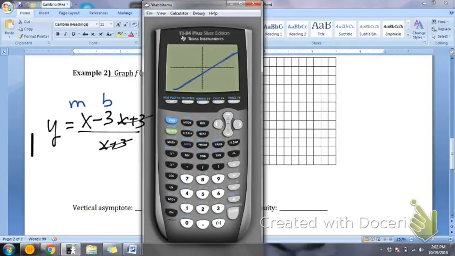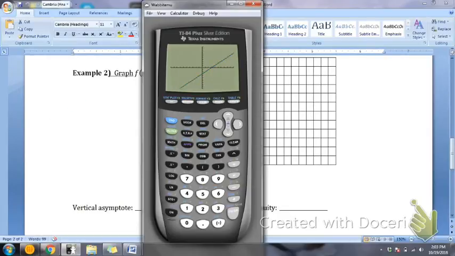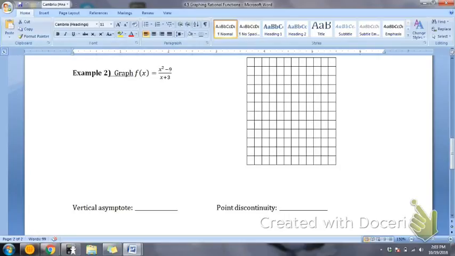So when I graph this on my graph, I have my x-axis and my y-axis, down 3. I don't have a vertical asymptote, but we did have a point of discontinuity, right? And our point of discontinuity was -3. x equals -3.